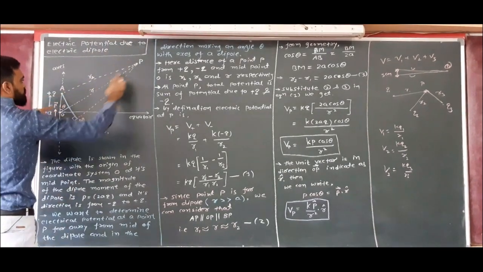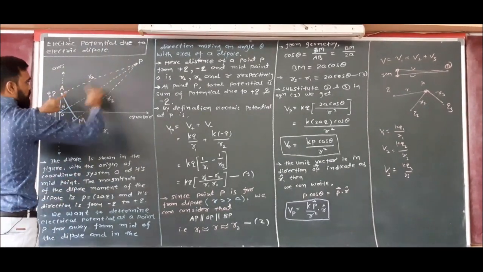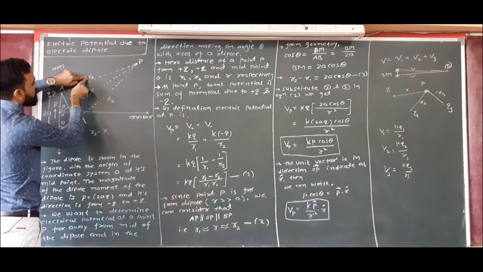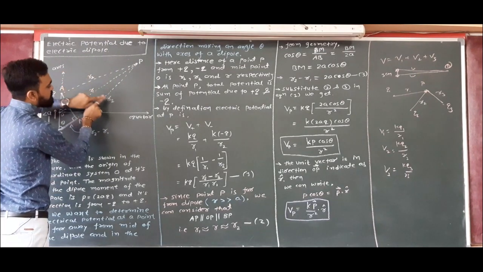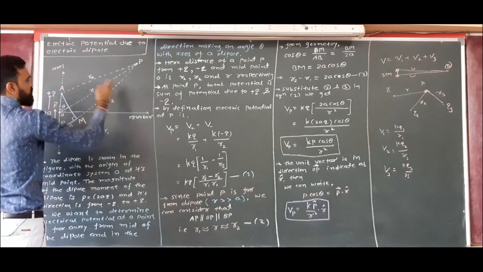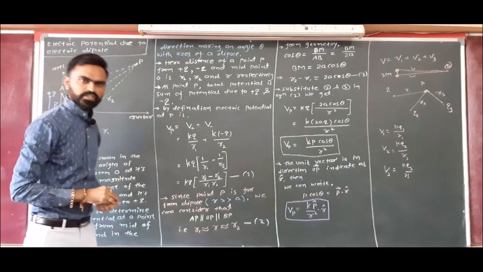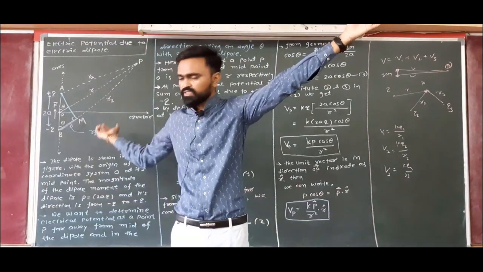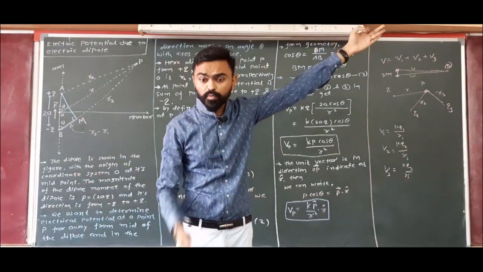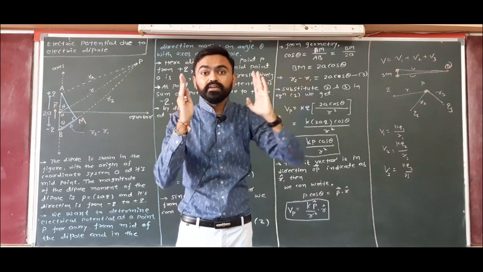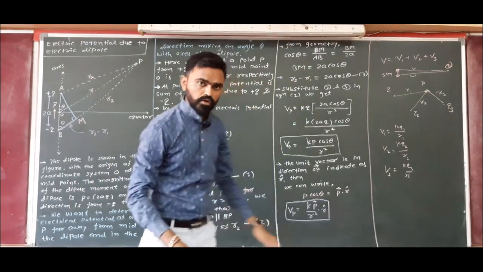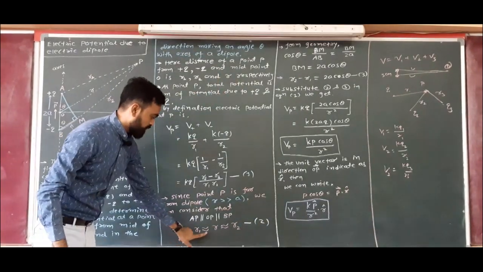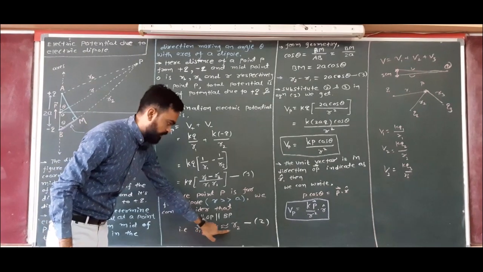If these three lines are parallel, can we say R1 is nearly equal to R is nearly equal to R2? That means the length of all three becomes equal when you bring this point at a large distance, which we consider in this theory. Do you remember? The lengths of the three lines will be the same. Got it? So R1 is nearly equal to R is nearly equal to R2.